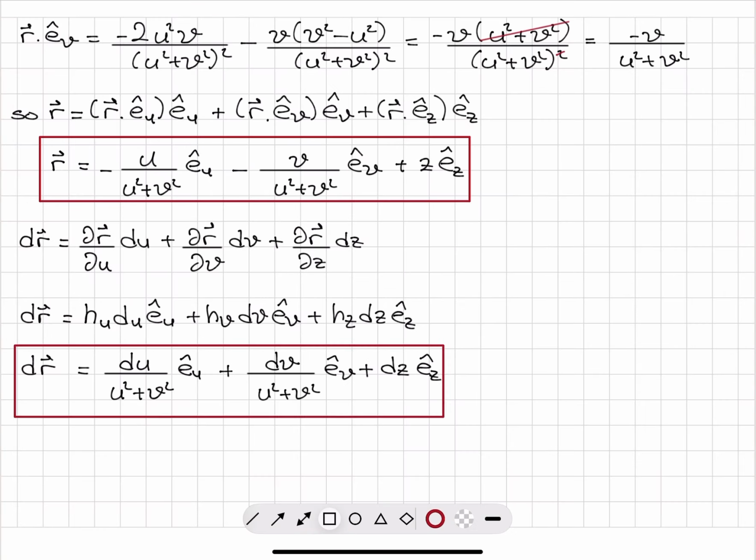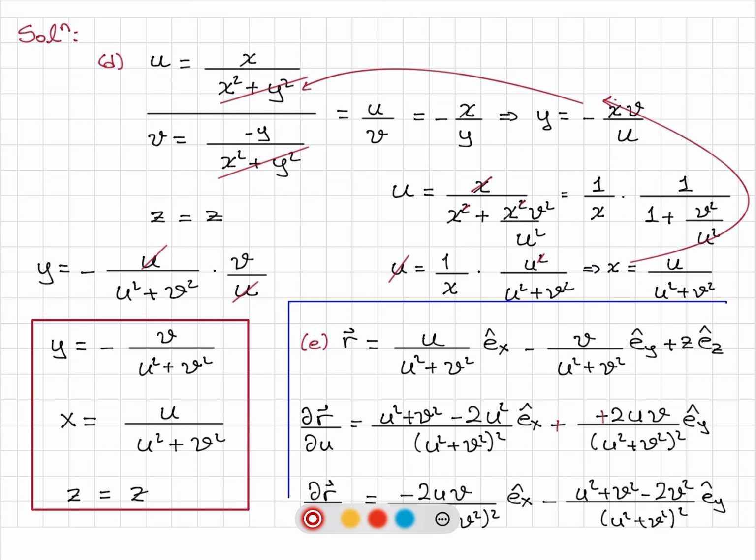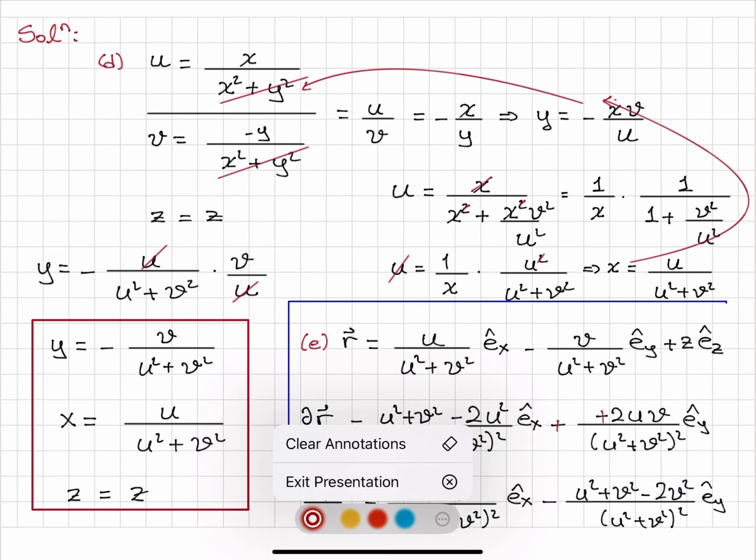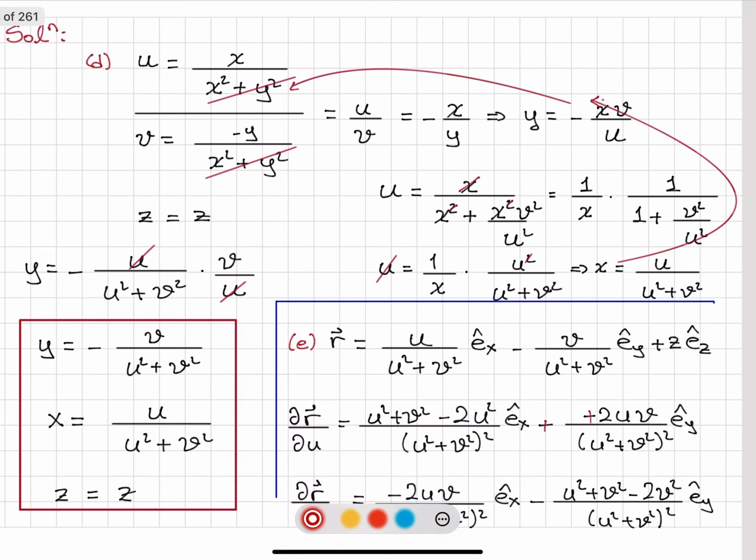Okay, so if I review what I have done here, first I have written the position vector x ex hat, y ey hat, z ez hat using these equations. Then I've taken the derivatives with respect to u and then the derivative with respect to v, and I found these two results, this one and this one.